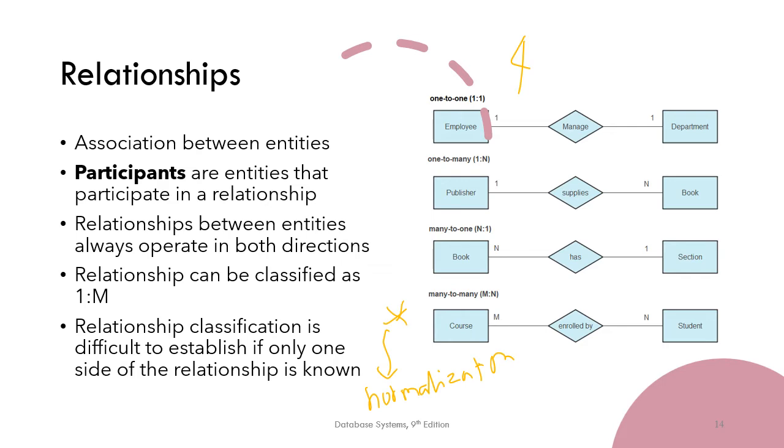One employee manages one department. One publisher supplies many books. One section has many books, or many books are in one section.